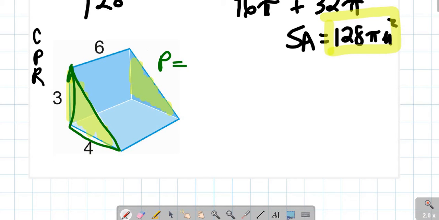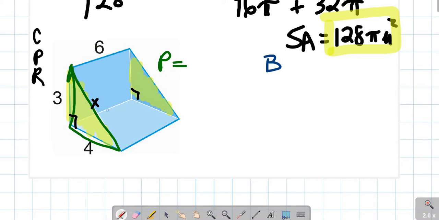Perimeter, base. So now we have to find the perimeter. There's a little bit of a glitch here though. Not really a bad glitch, but a little bit. There's 3, 4, and wait a minute, there's something missing there for our perimeter. So we're going to put a little x. This is a right triangle.